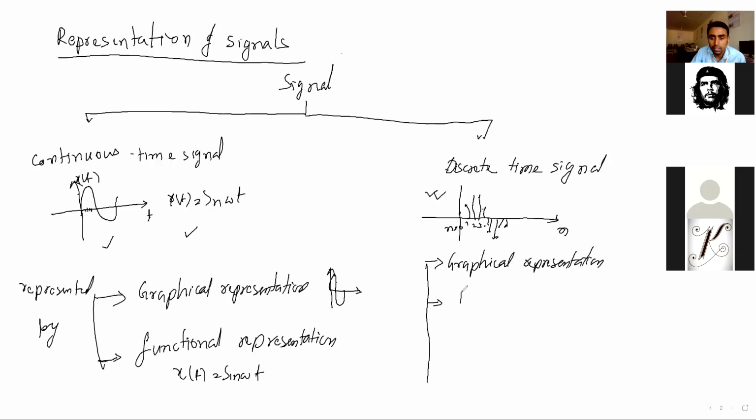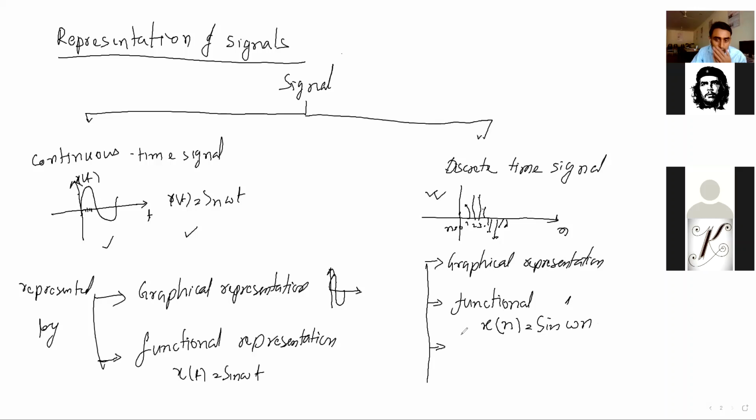Second one is functional representation. Here the time axis is represented by n, so t is replaced by n, and it will be x(n) equal to sin(ωn), where n takes values 1, 2, 3, 4, 5, 6, like that.